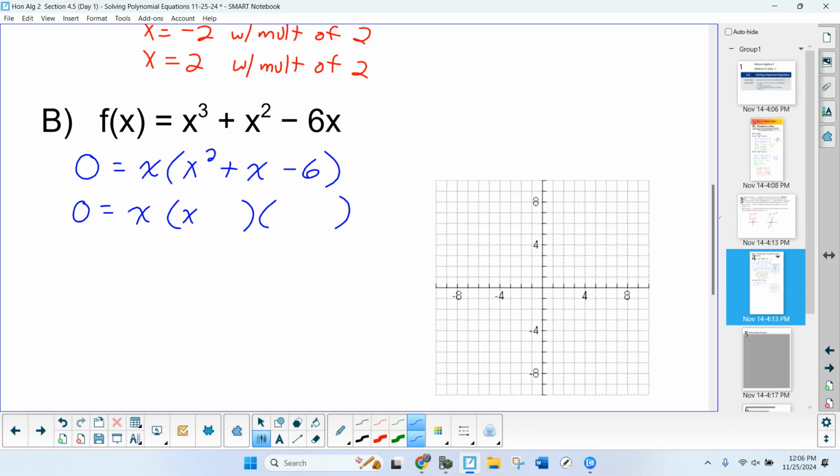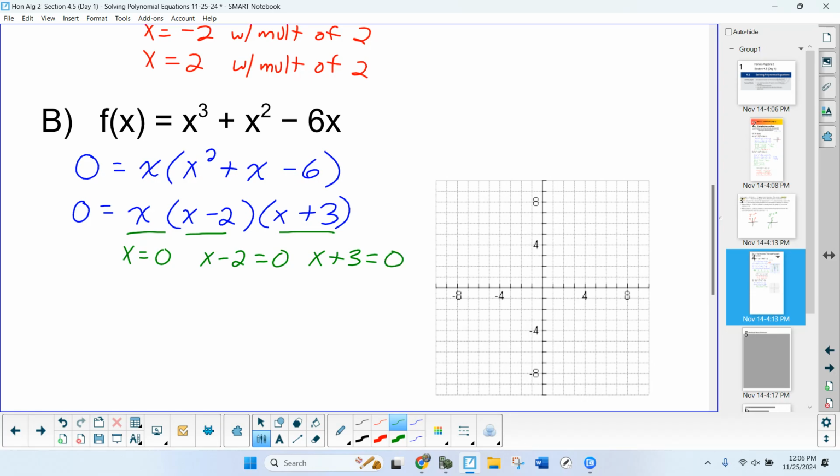Close. How about -2 and +3? Because a bigger one has to be positive. Does that make sense? Okay. So now, Chloe, when you set each of these equal to 0, you're going to set x equal to 0, x minus 2 equal to 0, and x plus 3 equal to 0.